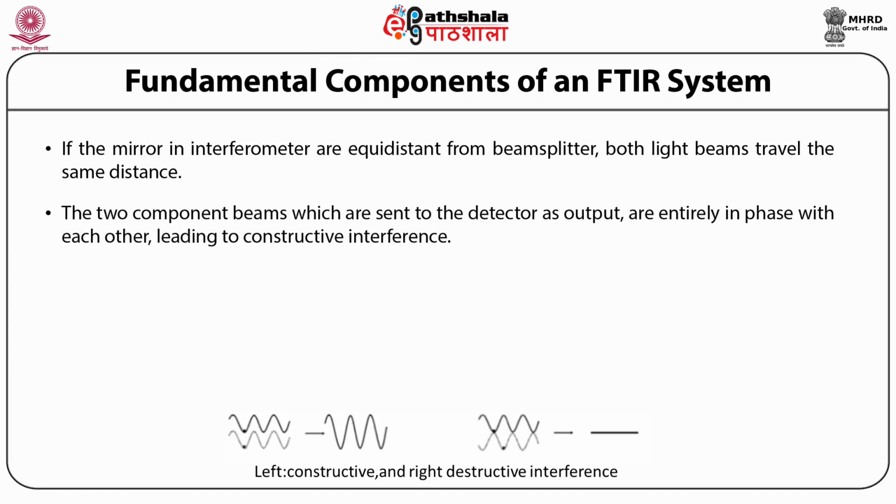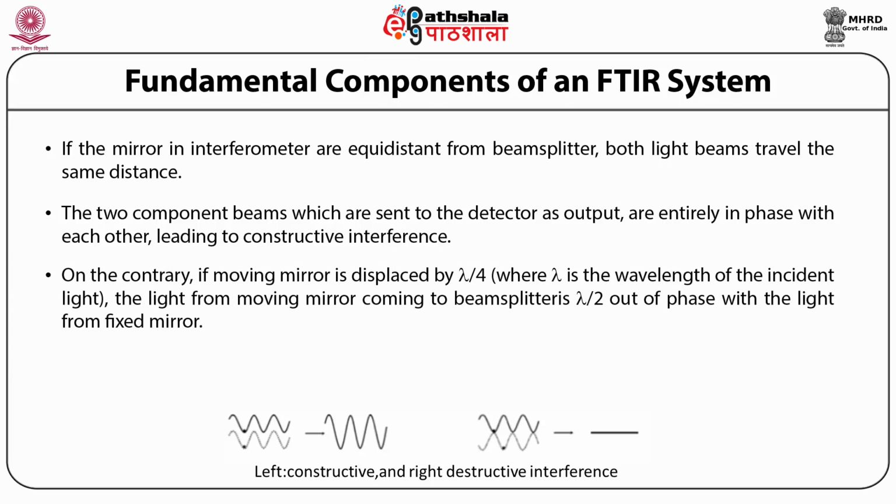The two component beams sent to the detector as output are entirely in phase with each other, leading to constructive interference, whereas the two component beams sent to the source are completely out of phase with each other, resulting in destructive interference. Thus, the entire incident light reaches the detector and none reaches the source.